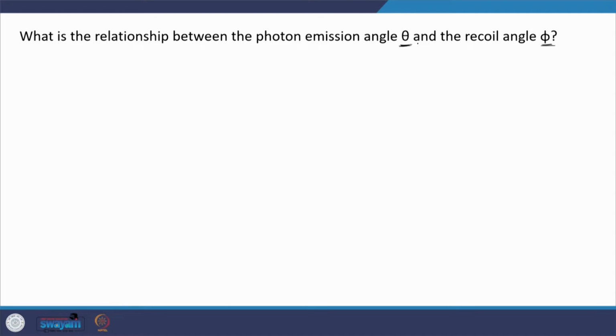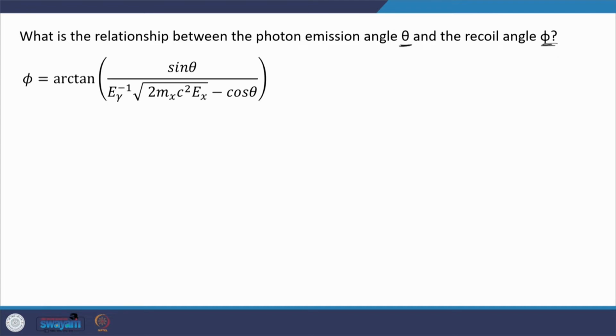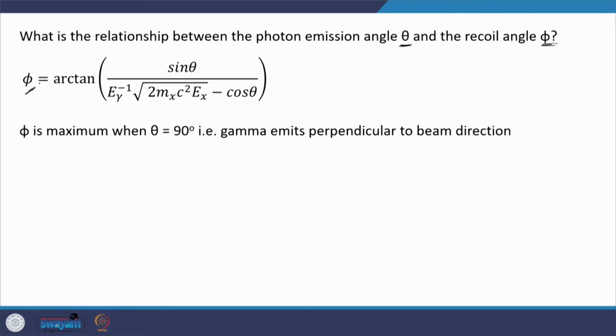What is the relation between this theta and phi? How to get them? Not very difficult. Okay. So, earlier expressions can be solved to obtain the expression for recoil angle, and you can see from this expression that when theta becomes 90, this phi value is maximum.